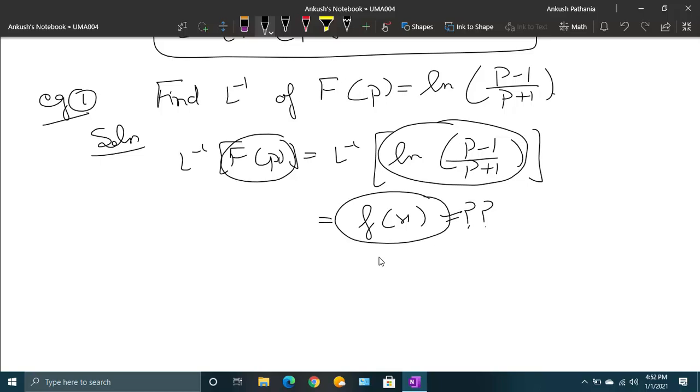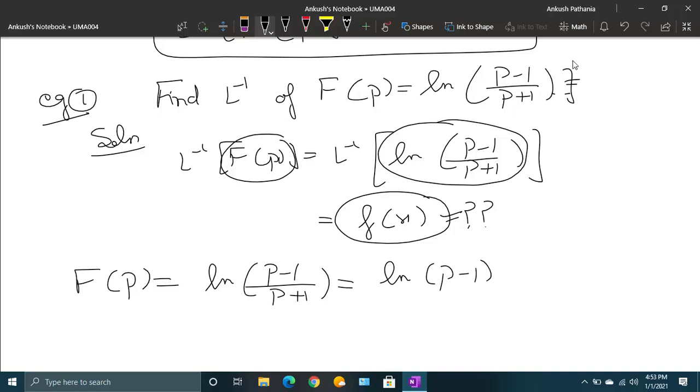Now clearly by looking at F(p), we can see that we can't correlate this given F(p) with any of our functions. Even if we manipulate it a bit, as we were doing in the previous questions, at most I will reach up to this form, and after this I can't go anywhere, because I am not able to correlate this F(p) with any of my available formulas.